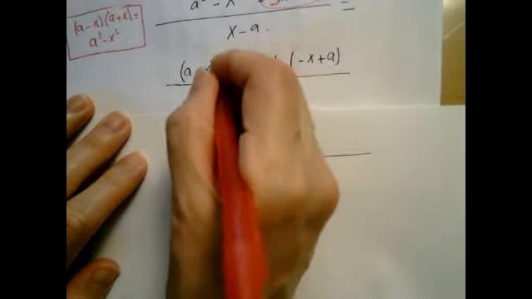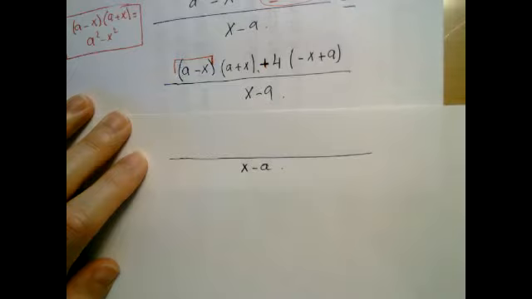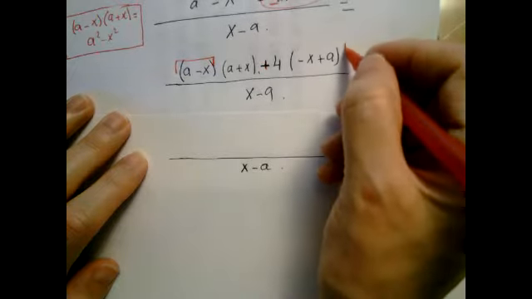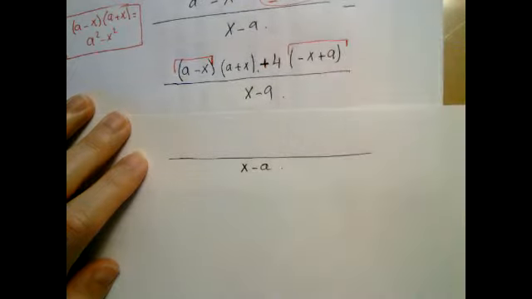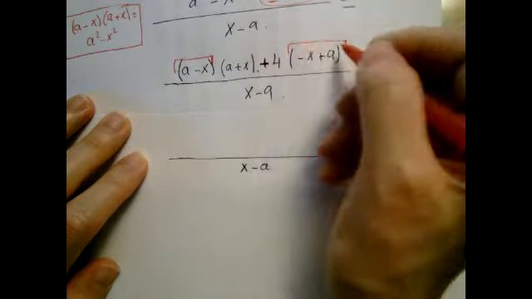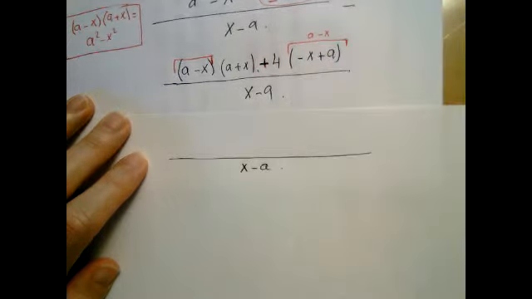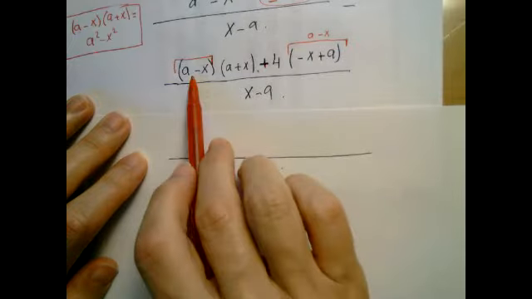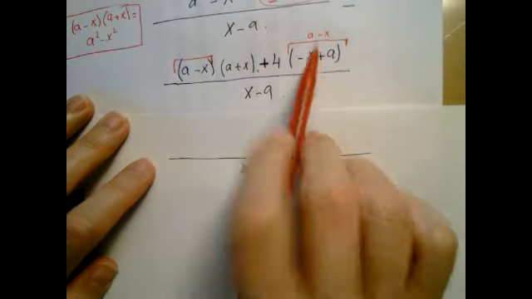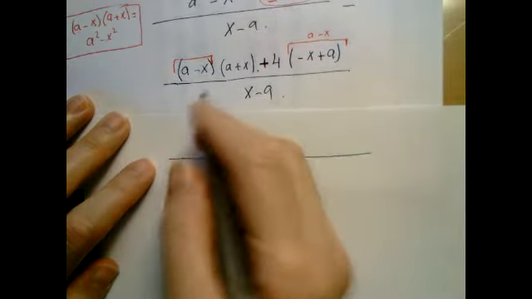Watch carefully. a minus x. And this is also a minus x, right? This is minus x plus a, which is the same thing as a minus x. So I have a minus x from here. I can actually do that now.